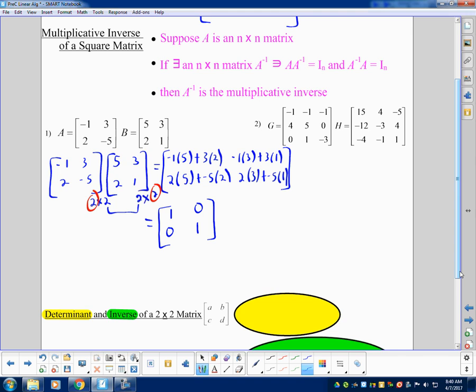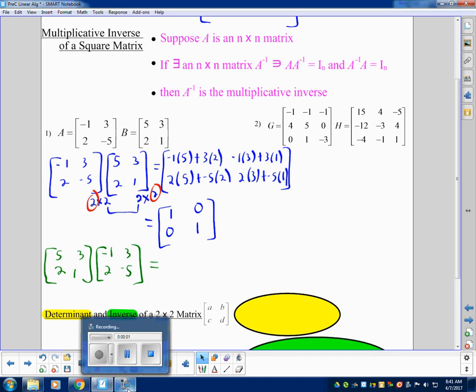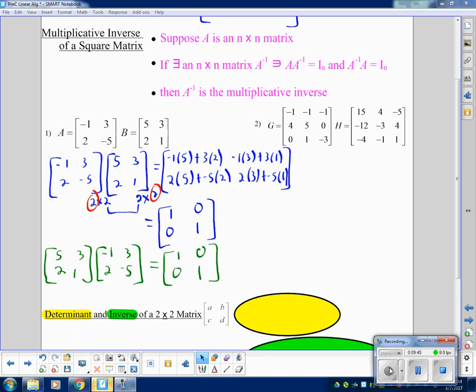Now let's switch the order. Here, I've got 5, 3, 2, 1 times -1, 3, 2, -5. I'd like you to try it. Now go ahead and multiply these two together. Try it on your own. You have to do the multiplication. As we tried that, we see that, yes, it does give me the identity.